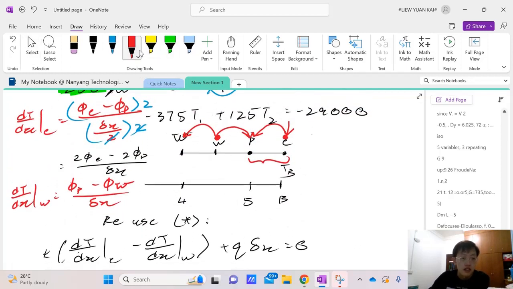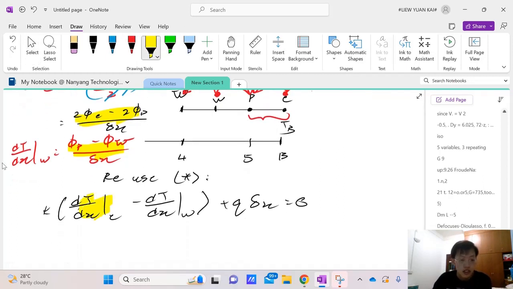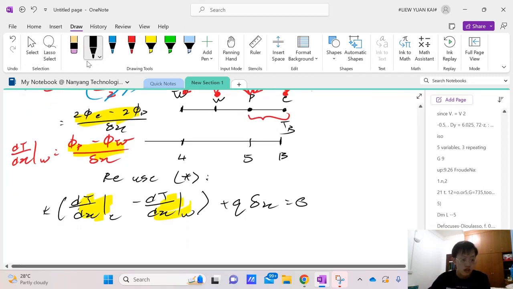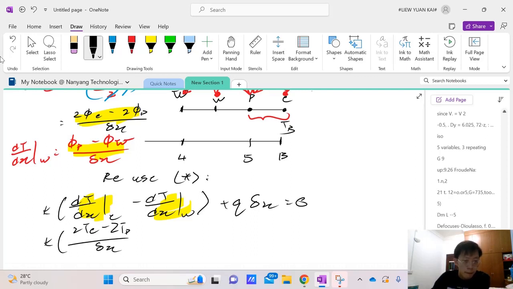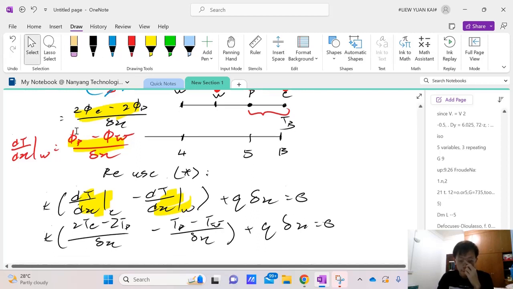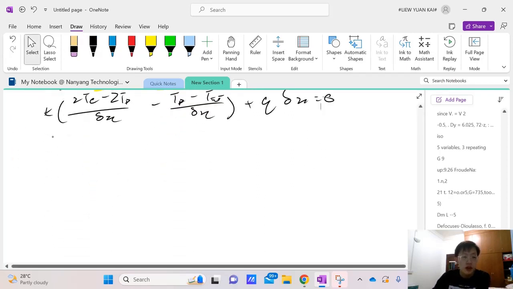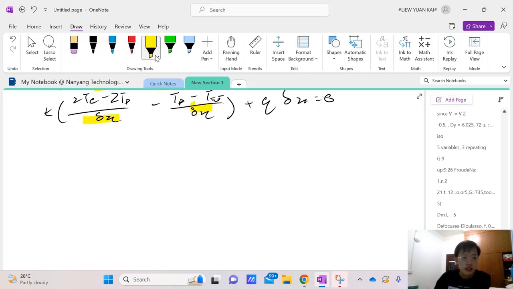Okay, now we will substitute this result into these two. Okay, so we have, okay, factorize these two.